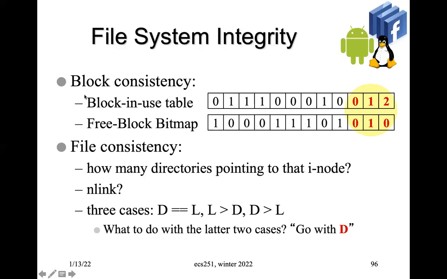It's only when the first table, the block in use table, is computed that you could have more than 1. In this table, it's impossible for you to have 2 because of the data structure. If you look at the operating system source code and how they keep it, they only allocate 1 bit. You can only assign either 0 or 1 to that particular bit.